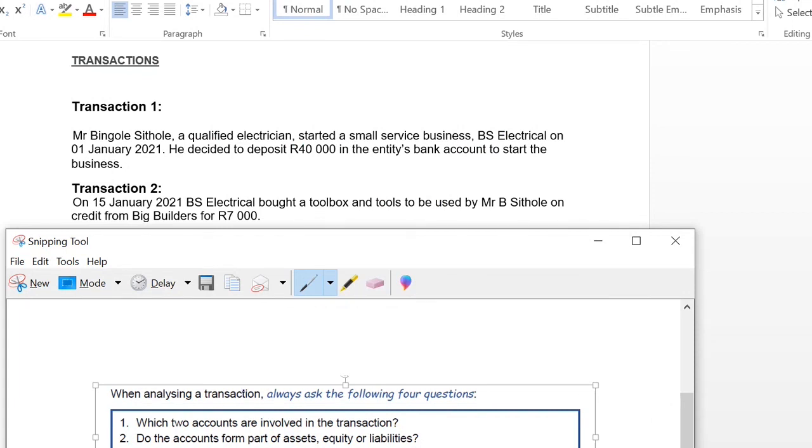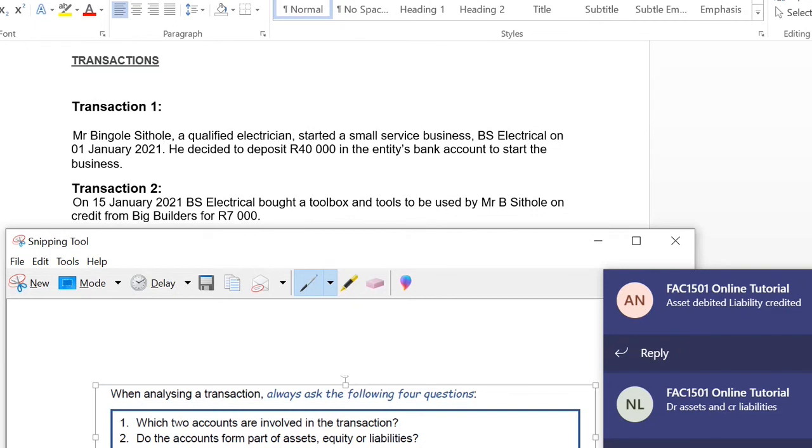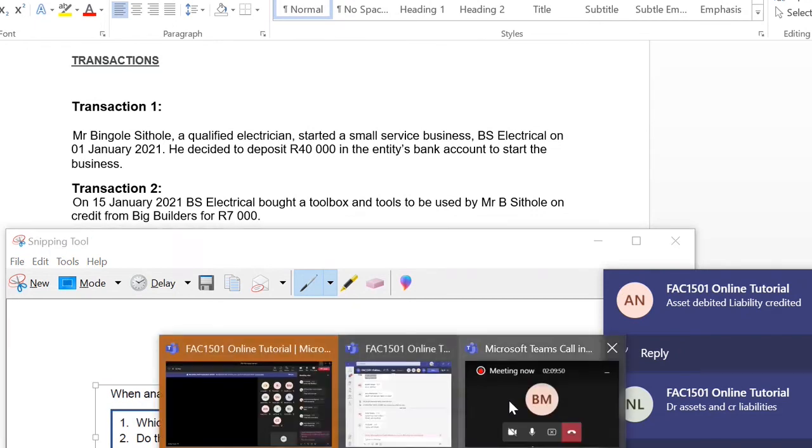Which one of the accounts must be debited and which one must be credited in the general ledger? The equipment must be debited and the liabilities must be credited. Okay, all right, Blondie.